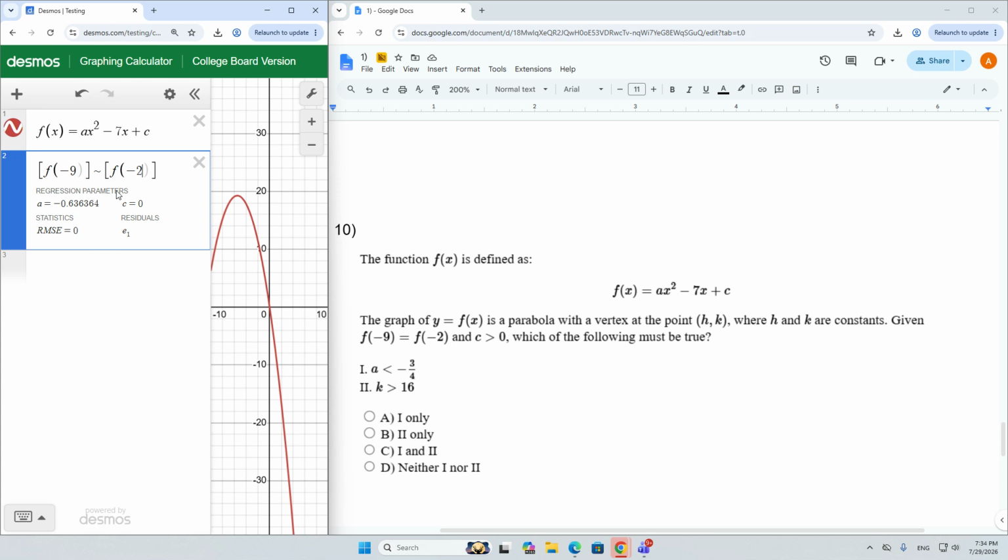Yeah, so a has to be negative. Like I said, that part's stuck. And then does a have to be less than -3/4? No, it doesn't. So we eliminate that. Does k have to be more than 16?